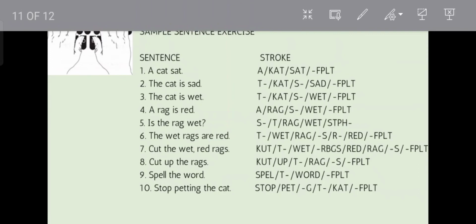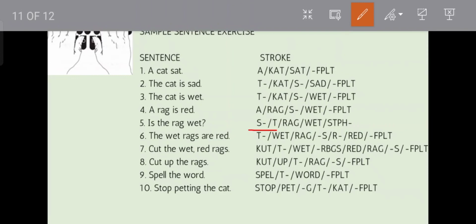Since is the is one stroke, one phrase, it's S and T. The S is initial, the T is final, since it's on the right side. Again, identify whether it's on the initial side or the right side of the dash. If it's on the left side, those are initial keys, and if on the right side, those are final keys.